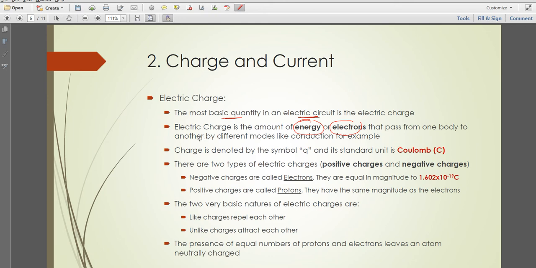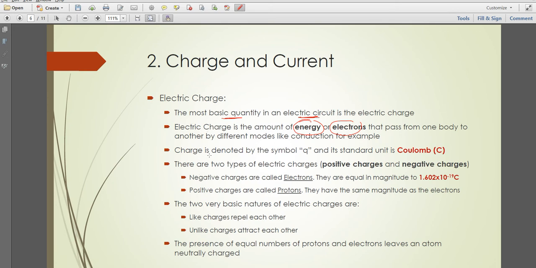For example, during the summer, if you push your shopping cart and then touch somebody else, you discharge yourself on him or her. This is a transfer of electrons from you to another person.